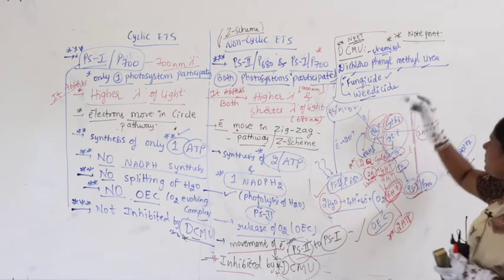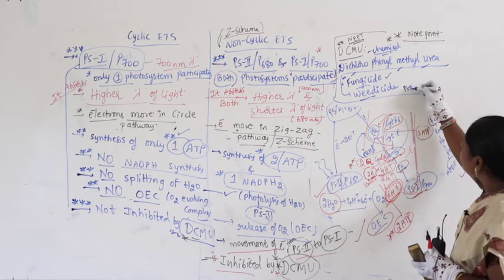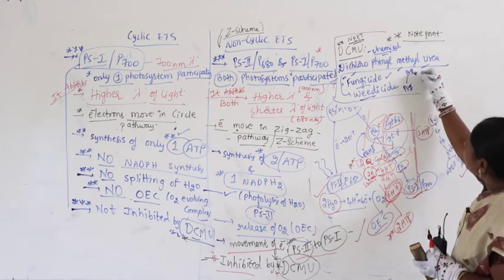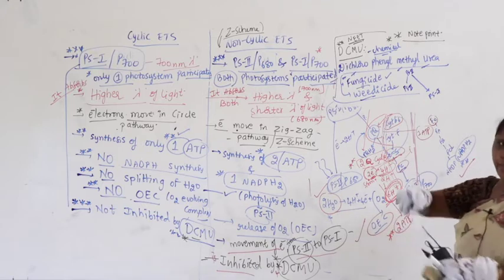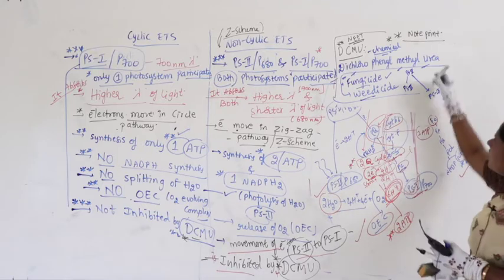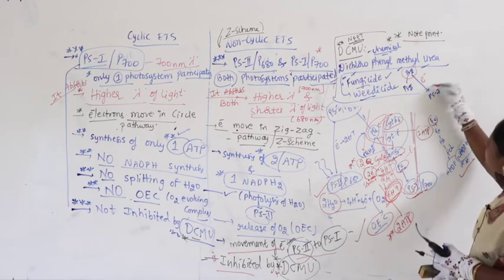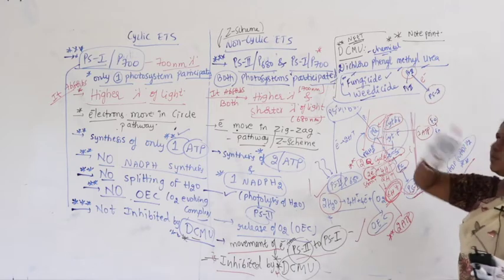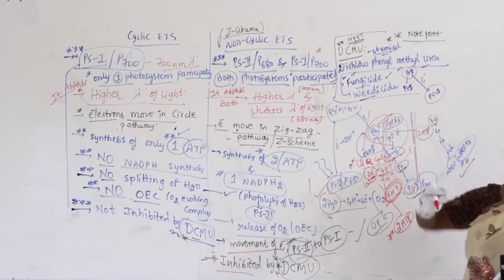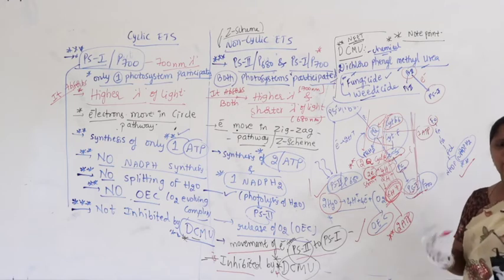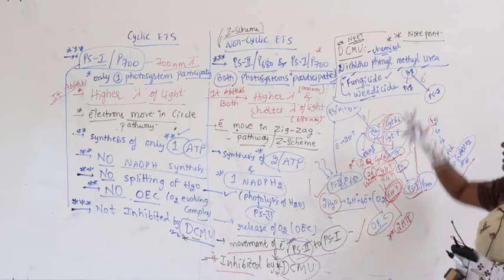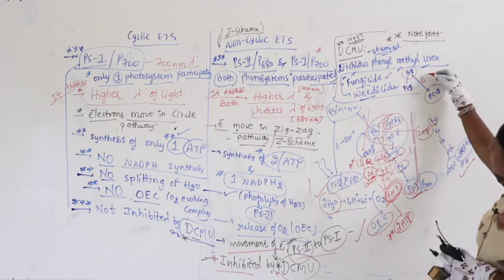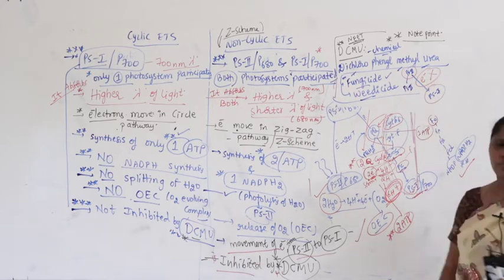it has the ability to block. So, here PS2 is there, again PS2, from PS2 electrons are moving to PS1, right. So, in the same cycle electrons are moving from PS2 to PS1. When an excess amount of DCMU is sprayed on the surface of the plant to kill fungi and also to control the weeds, it was observed that DCMU is blocking the electron movement.